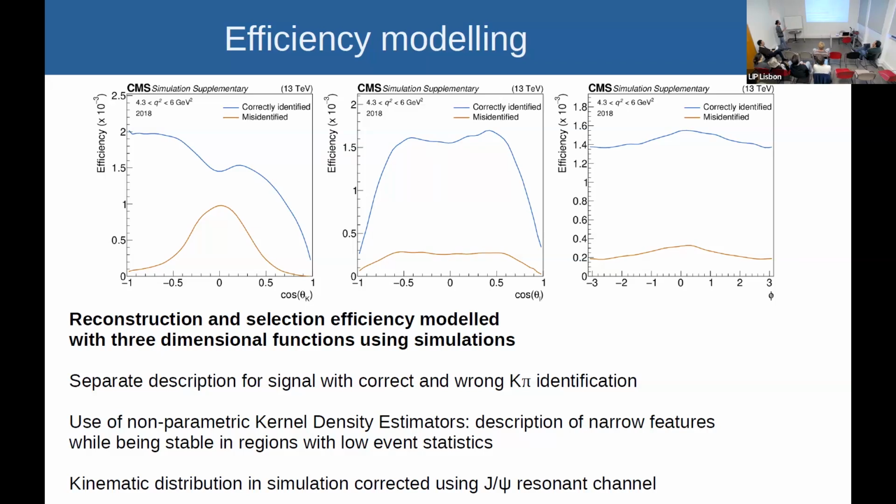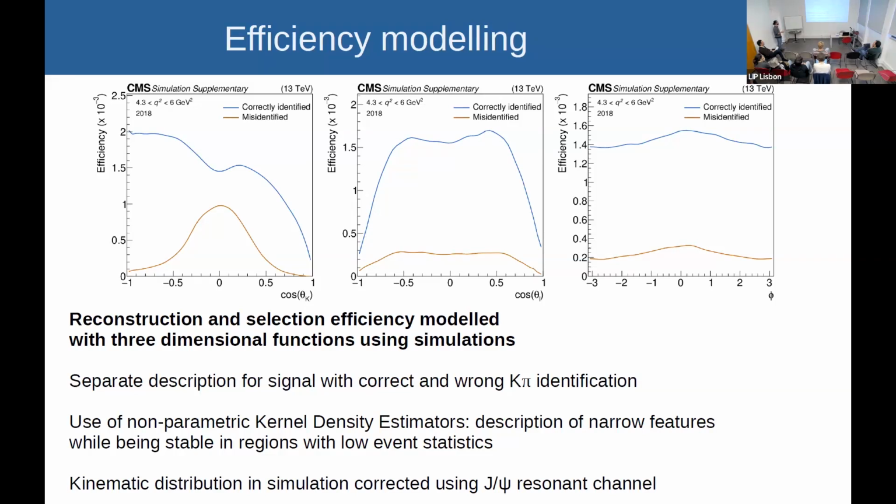There is some sculpting of the angular distributions. So what we want is an efficiency model that is fully three-dimensional and so describes the full angular dependence of this efficiency. This is done with simulation and separately for correct and wrong tag.